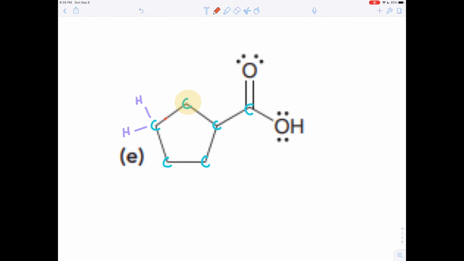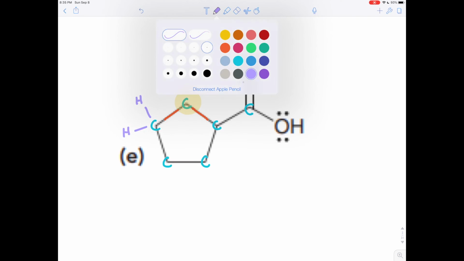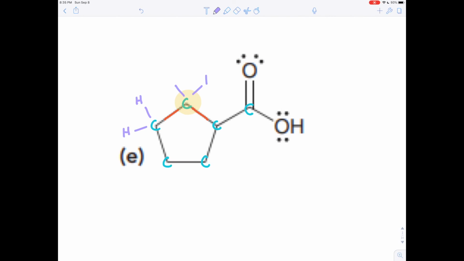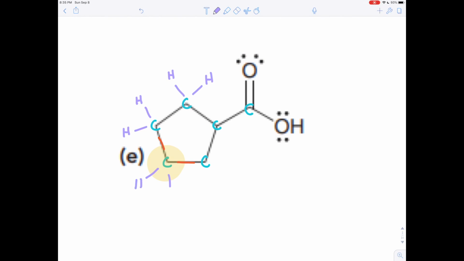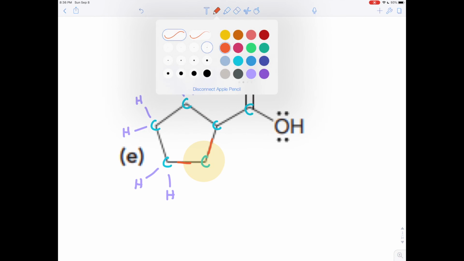This next carbon has 2 bonds drawn explicitly to it. That means it needs 2 more implied bonds to hydrogens in order to have a total of 4. This carbon at the bottom left has 2 bonds drawn to it. That means it needs 2 more to implied hydrogens to have a total of 4 bonds around it. This carbon here has only 2 bonds around it.